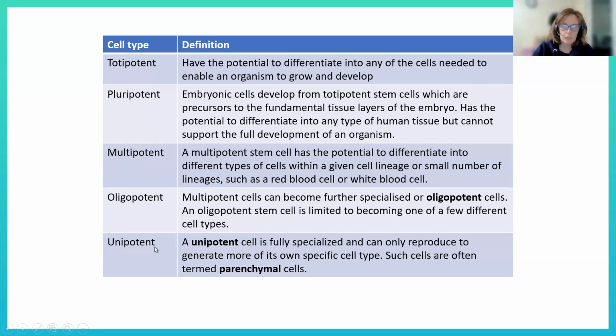And then we've got unipotent cells, which is fully specialized and can only reproduce to generate more of its own specific cell types. And these are often called parenchymal cells, so the actual functional cells, but we can reproduce them. So there's lots of different words there that are very, very similar, but each with their own unique meaning, essentially based upon how flexible they are in their ability to develop into different cell types.